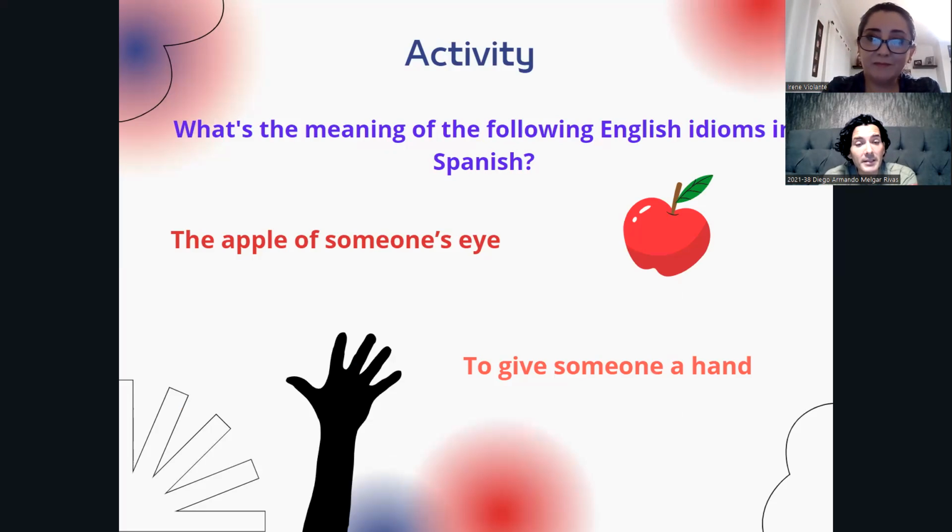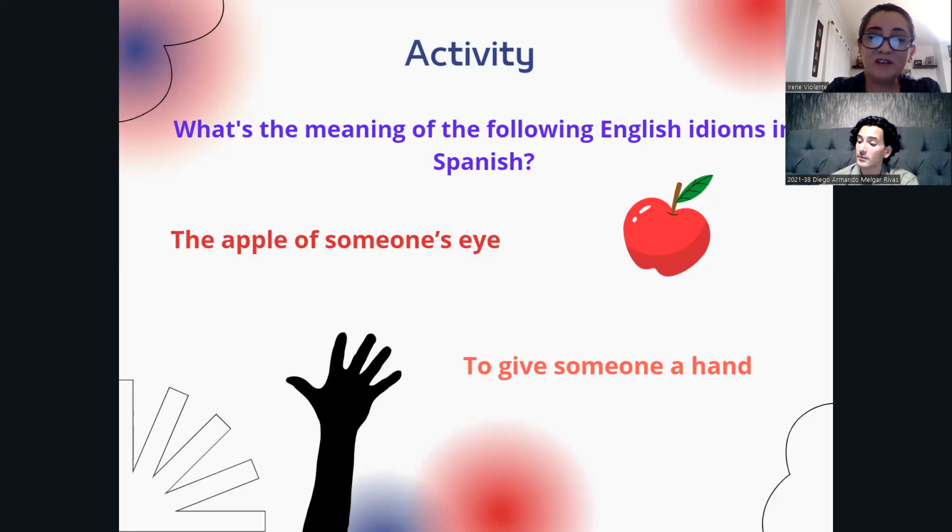It means la manzana de los ojos de alguien, pero no, como que no comprendo bien qué significa literalmente, como en español, cuando decimos una frase coloquial es porque con cierto grupo de palabras tratamos de expresar algo. Entonces, the apple of someone's eyes, I don't know, teacher, what it means.